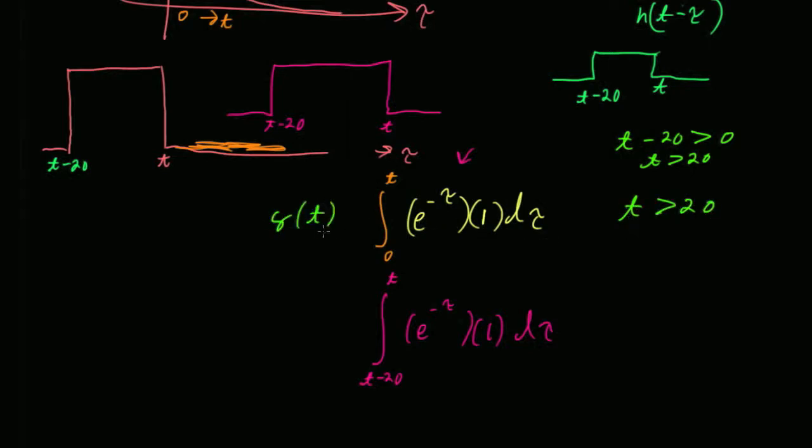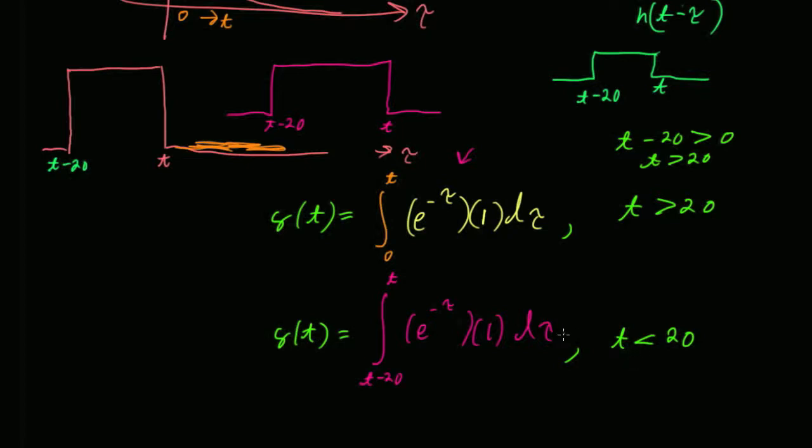What about this integral? When does this integral apply? This will be y of t when t is less than 20. What about if t is negative 1? What will this picture look like if t is negative 1?